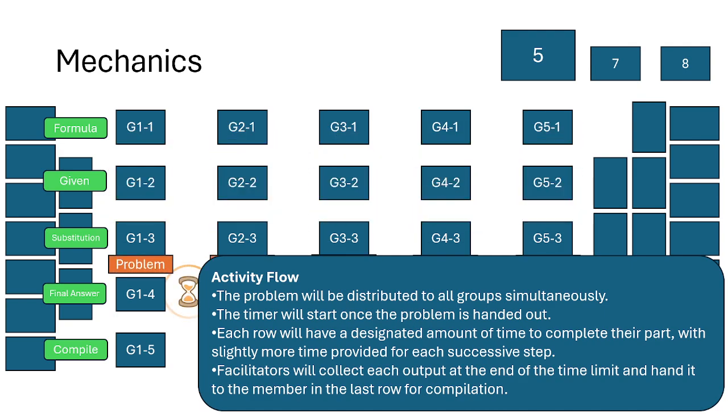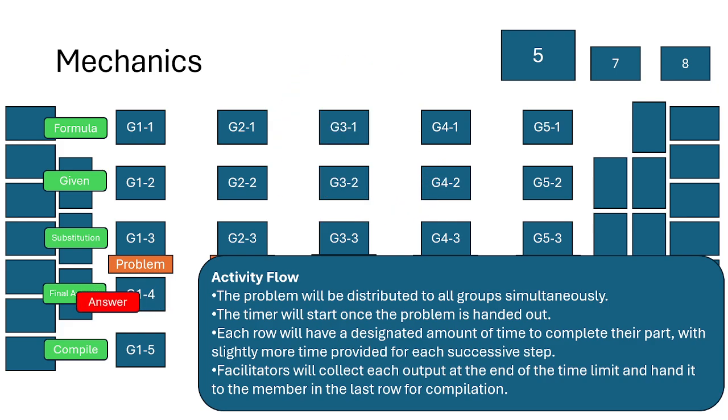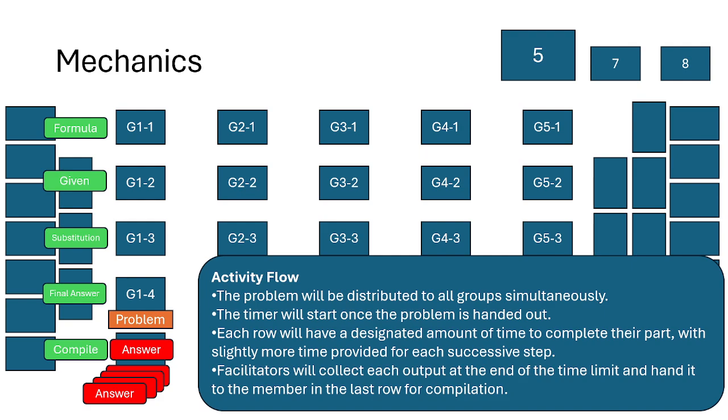The problem will be given to the fourth row, and then that's time's up, and the final answer will be given to the last row. The problem will also be given to the last row, and there will be a compilation of answers.